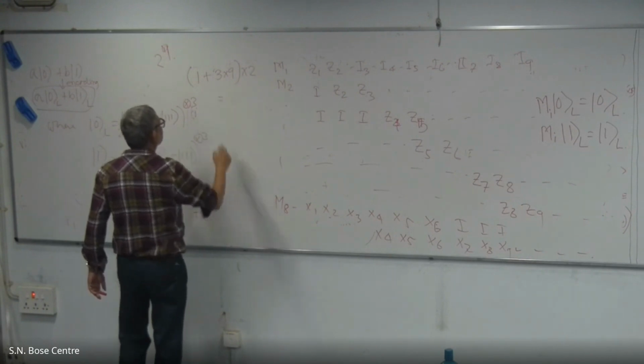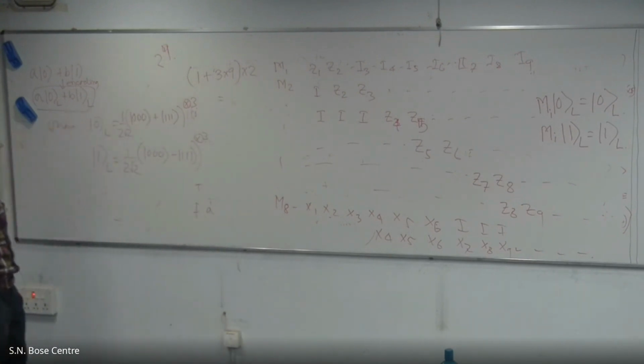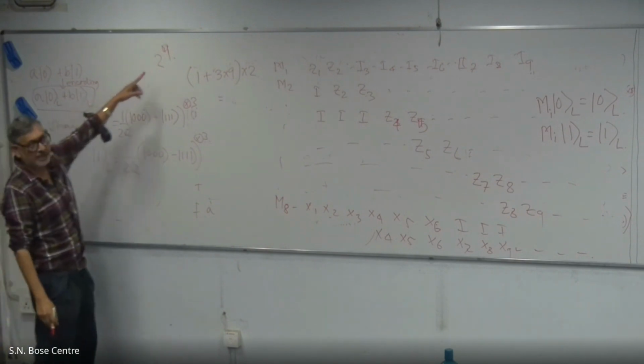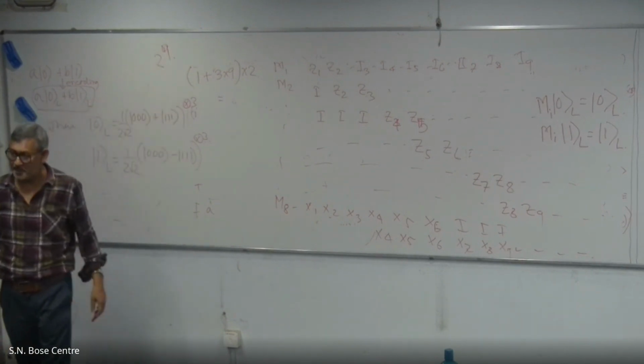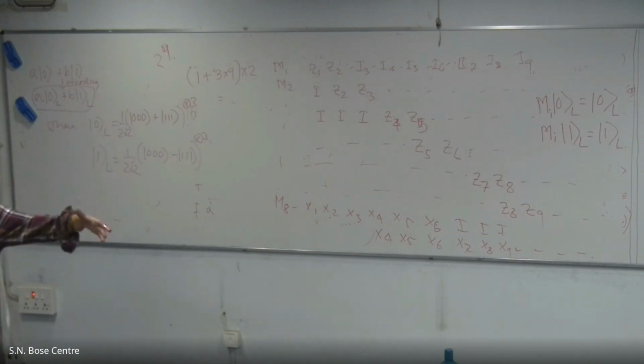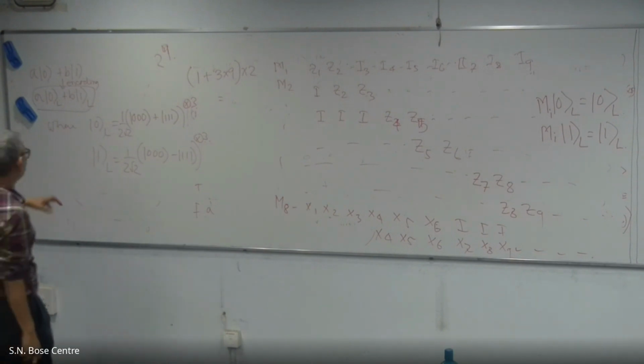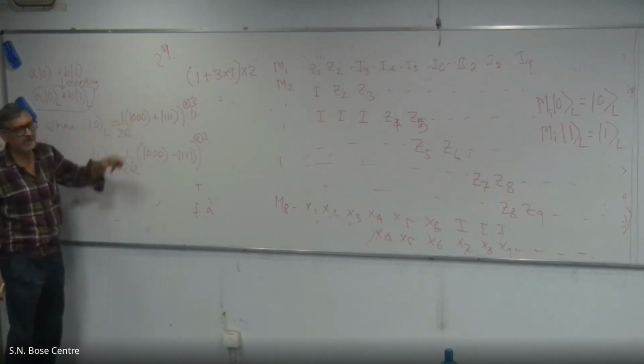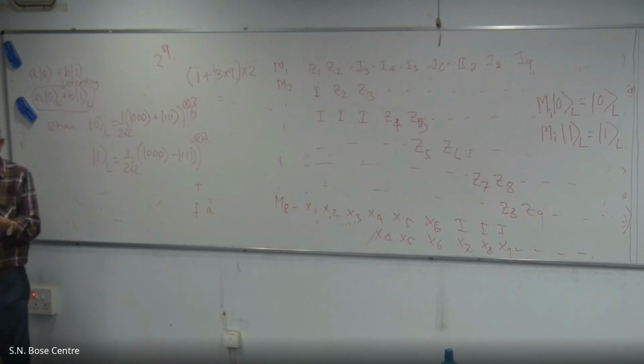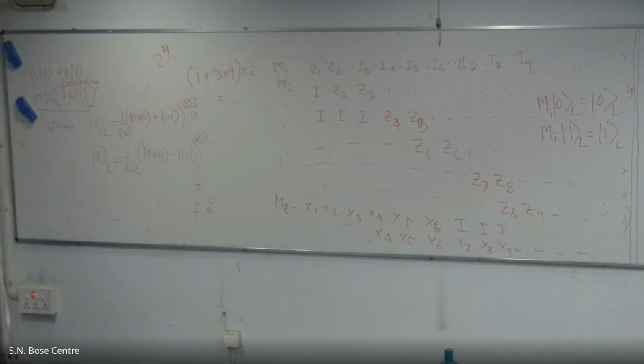So how much is it? 56. But the actual dimension is much higher. So there is much scope to use the rest, but it is degenerate, because you see that first qubit, second qubit, third qubit, Z error is giving you the same state. That's why it is not covering the whole thing.